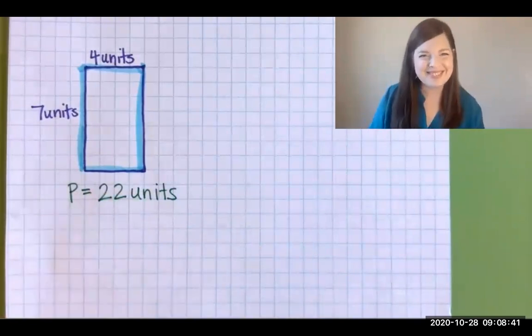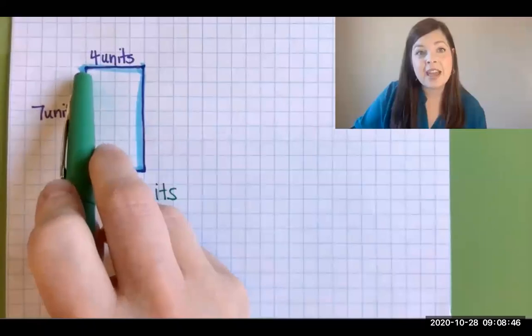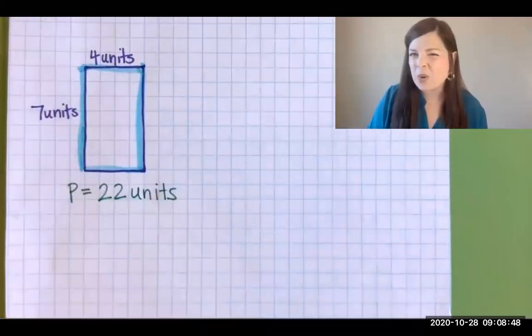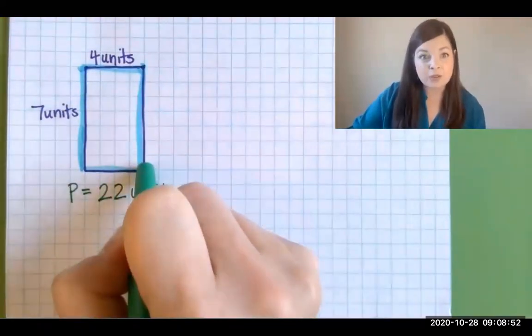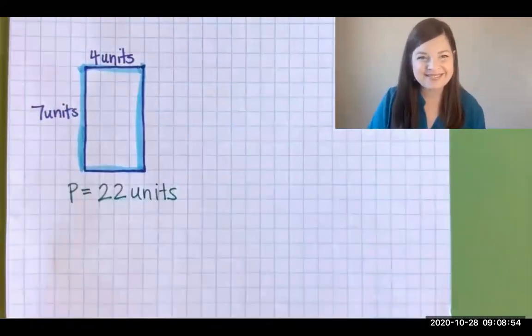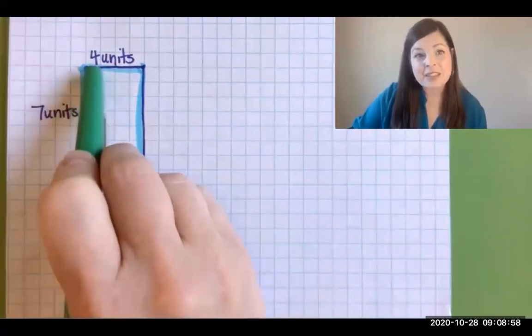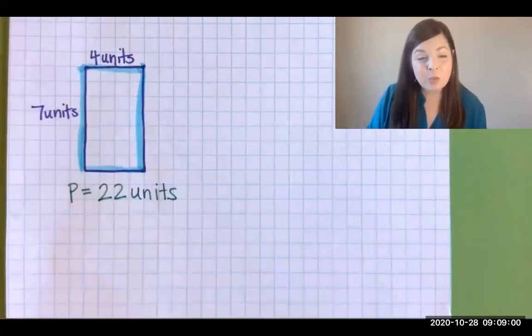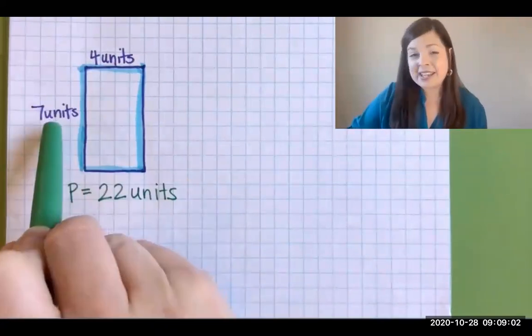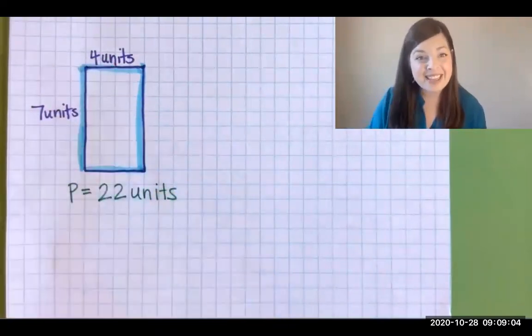Right, perimeter. Now, when we know the measurements of the length and the width of a rectangle, is there a quicker way we could find the perimeter rather than having to count all of the units around the outside? When we know the length and the width, we could find the perimeter by adding the length of all 4 sides together.